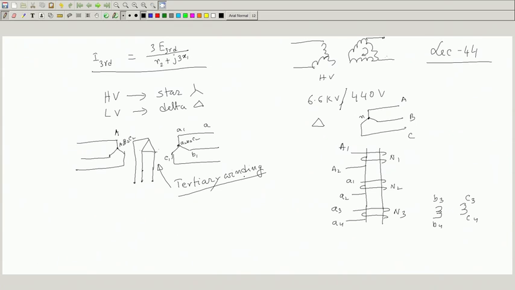So, depending upon the turns ratio, 2 levels of voltage are available, and load may or may not be supplied from the tertiary winding.